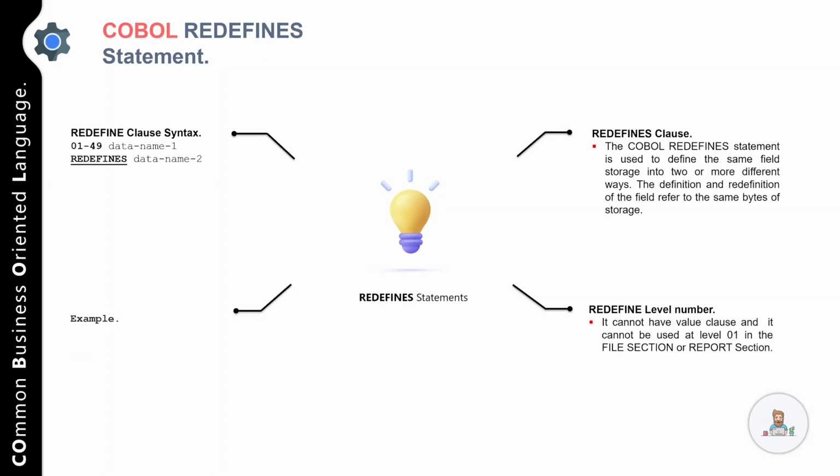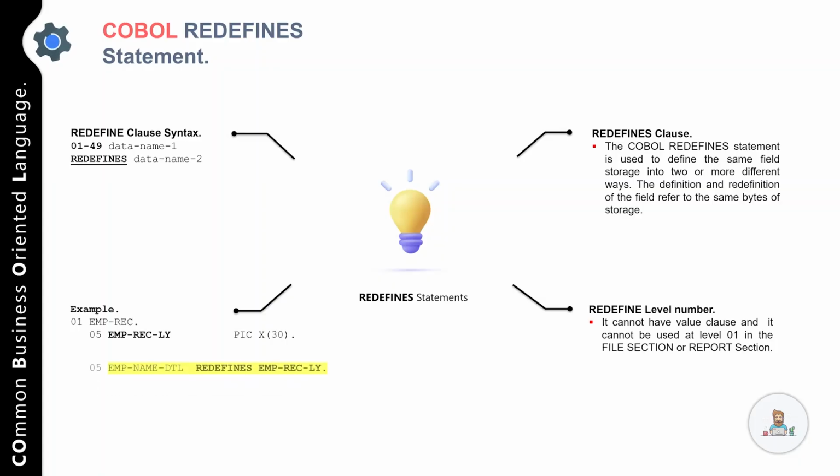Now let's look at an example so that you can understand how exactly you can use the REDEFINES statement in your COBOL program. In the following example, you have an employee record which is defined at level 01, and at the 05 level you have EMPLOYEE-REC-LAYOUT, which is X(30).